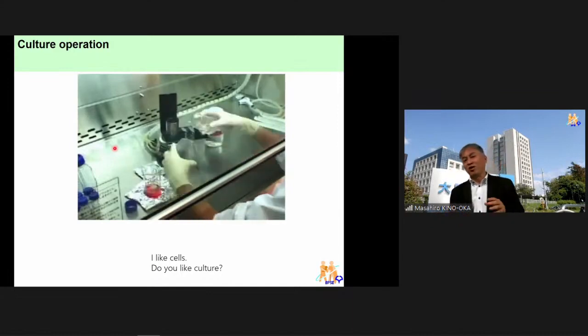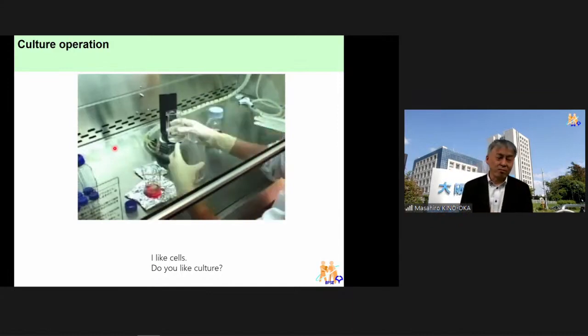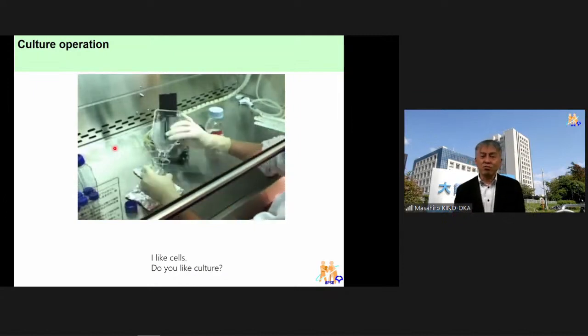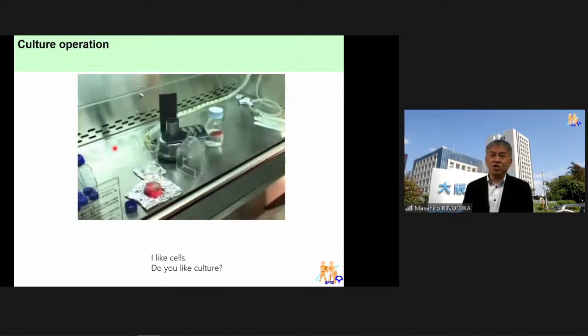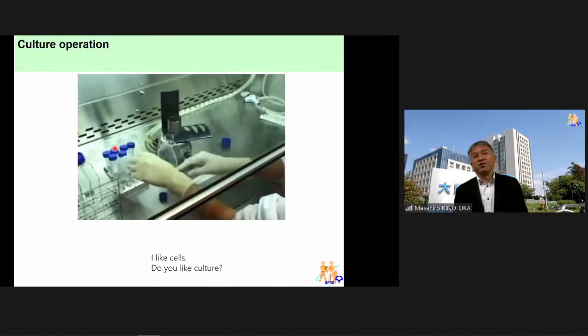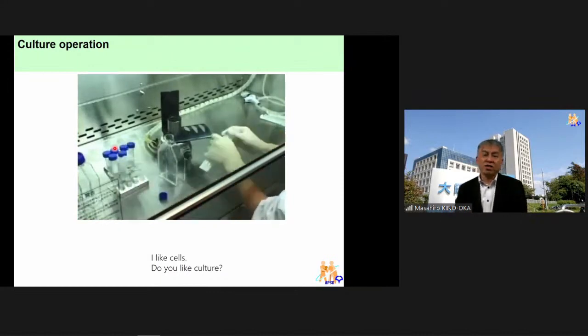So quickly she starts the protocol for the passage. First, she has to remove the cells. Before removing using the enzyme, she has to wash the surface of the culture, and she will put some enzyme solution.